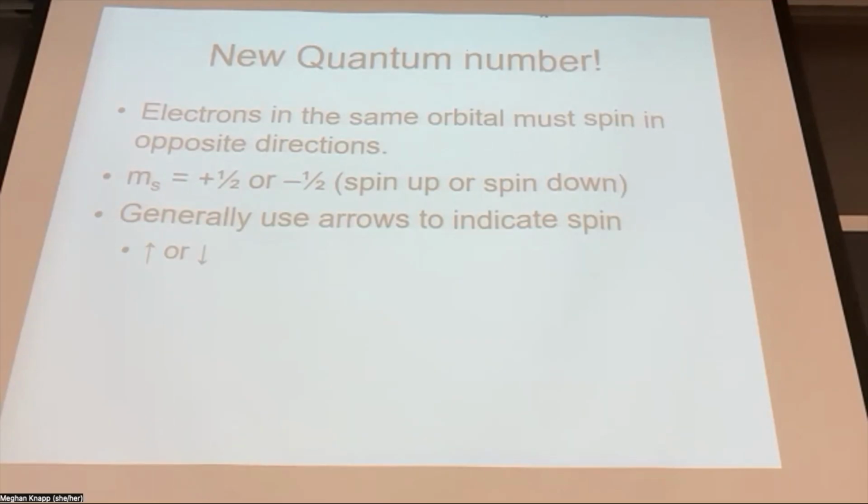Now on an orbital diagram, we're going to use arrows instead of putting numbers there. But when I ask what the quantum numbers are, we're going to add up those numbers. If you take higher levels of chemistry, then you use those halves to figure out how much magnetism a particular element might have. But for right now, we're just going to say, is it plus 1/2 or minus 1/2?